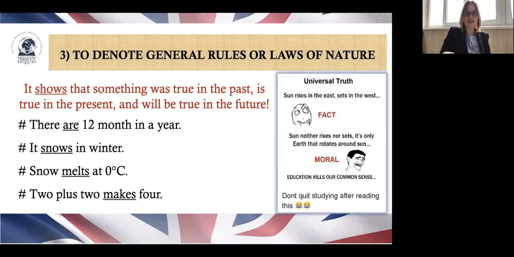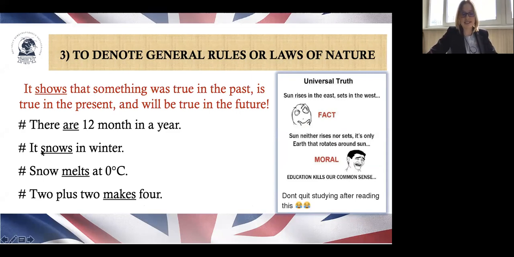The third meaning is connected with the general rules or laws of nature, and it shows that the action that we describe is true for the past, it's true for the present, and it can be true for the future. Okay, there are 12 months in a year. No one will try to say that there are 13 months in a year, for example. It's quite obvious. So when we speak about general rules and laws of nature, these are facts also, but they cannot be denied.